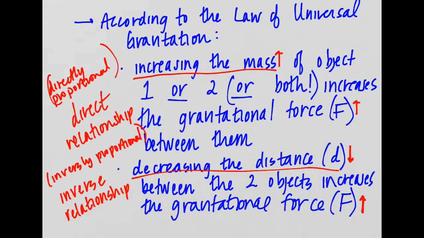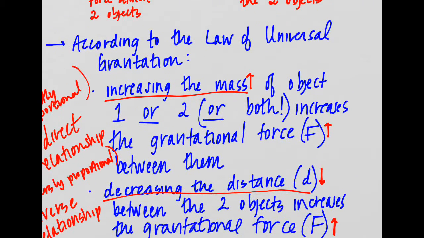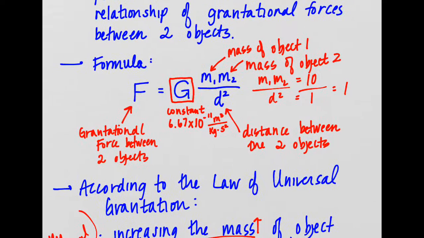So you need to understand that if I increase the mass of object 1, I will increase the force between the two objects. If I increase the mass of object 2, but keep the distance the same, I will increase the force. If I increase both masses, I'll obviously increase the force even more. If I decrease the distance, if I put them closer together, I will increase the gravitational force between them. But if I pull them farther apart, if I separate them further, I will decrease the force between them.